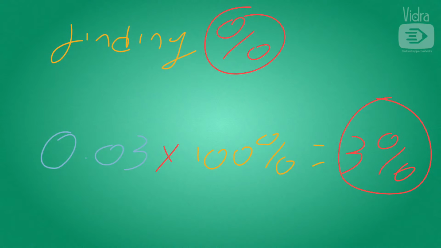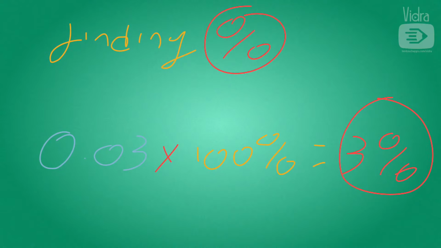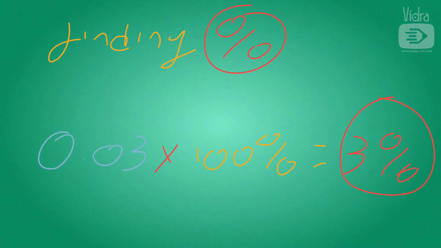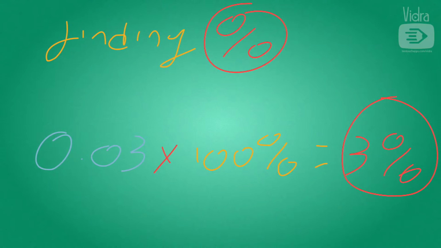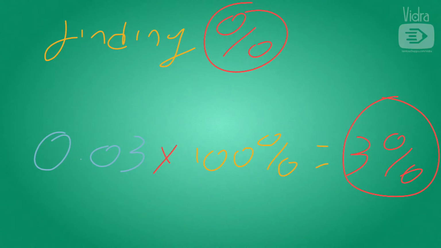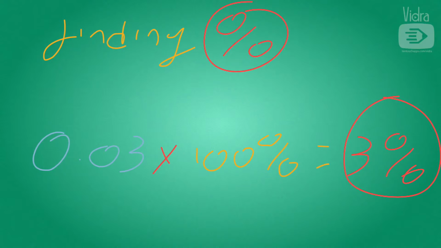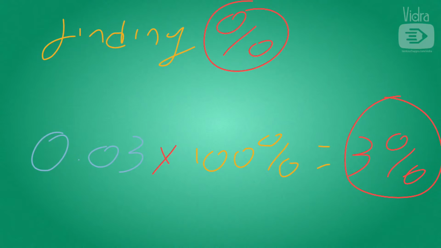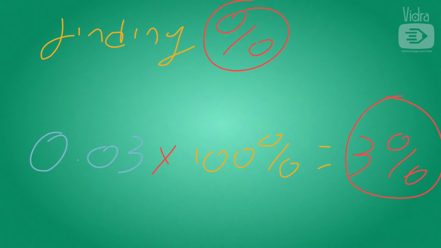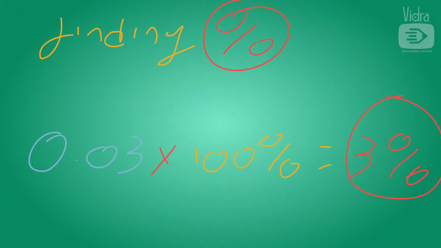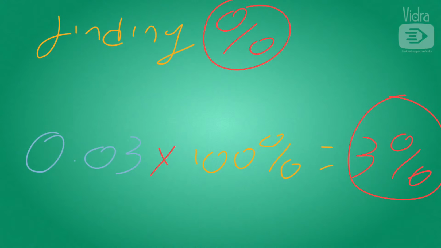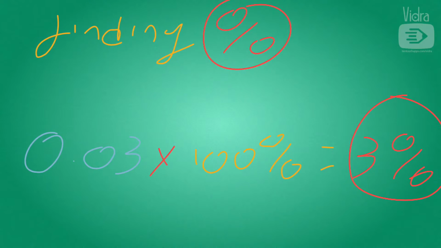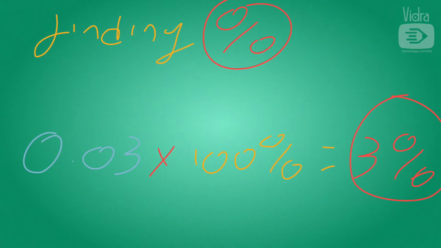Our uncertainty is 0.03, so we multiply it by 100%. If we do this operation, we get 3%. This means that our percentage uncertainty is equal to 3%.